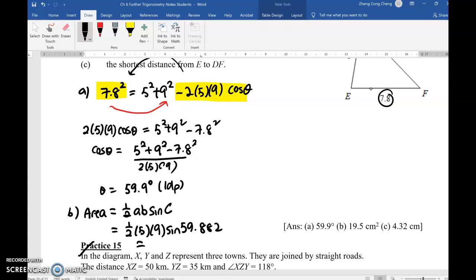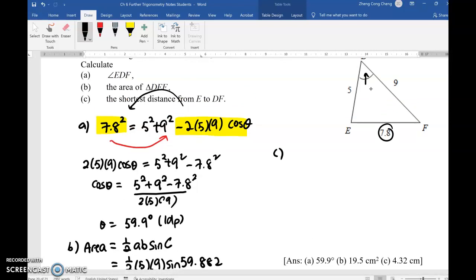Remember, we have to use a trigo value that is more accurate, it cannot be 3 SF. So the answer will be 19.5 cm squared.